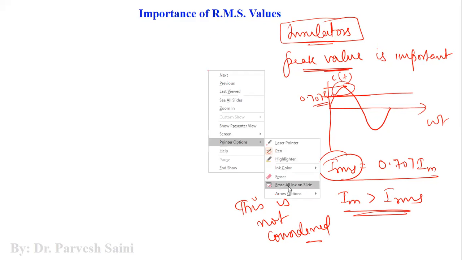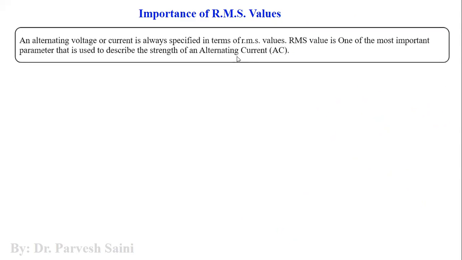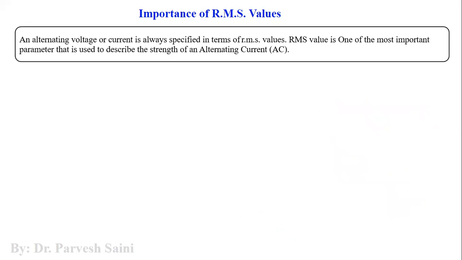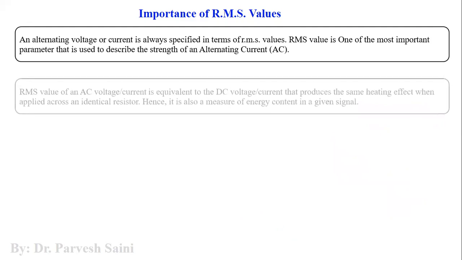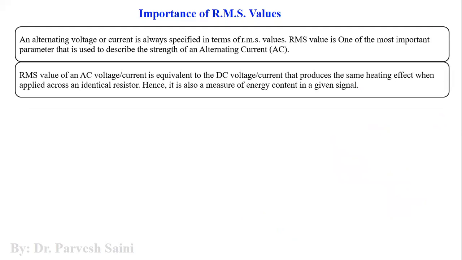Because alternating voltage and current is always specified in terms of RMS, it is one of the important factors which we have in electrical systems.